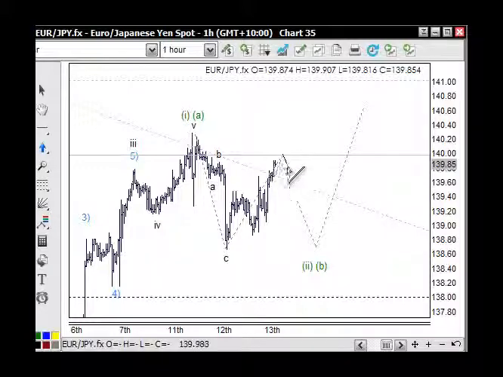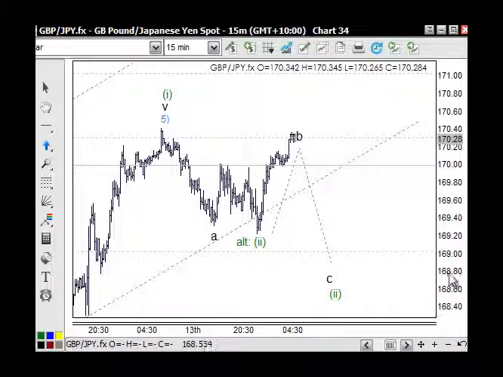So there'll be a reaction here anyway, and then there'll be some workings across here. So taking those highs out here would get you into the third wave, or the wave C, moving to the upside there. And that's the same for the pound yen as well here.